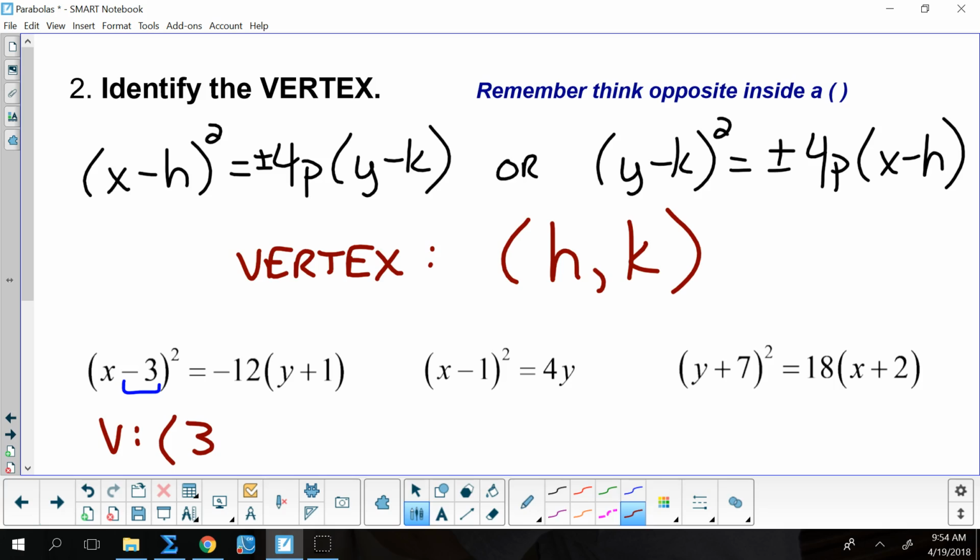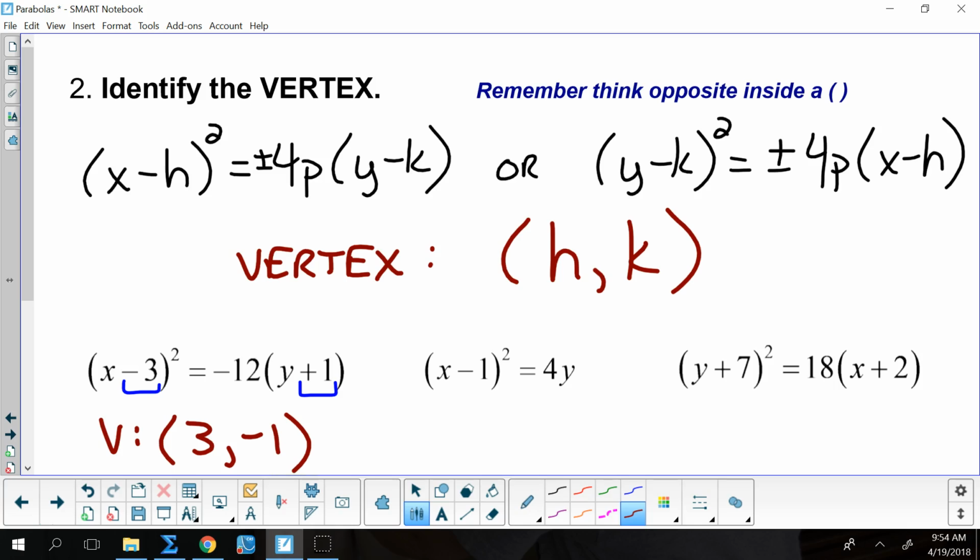I see positive 1, but it's inside parentheses, so it's negative 1. So the vertex of that parabola is at 3, comma, negative 1.